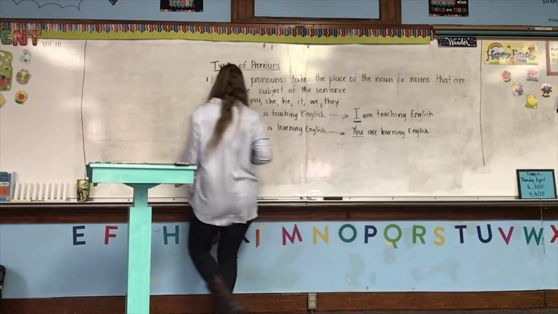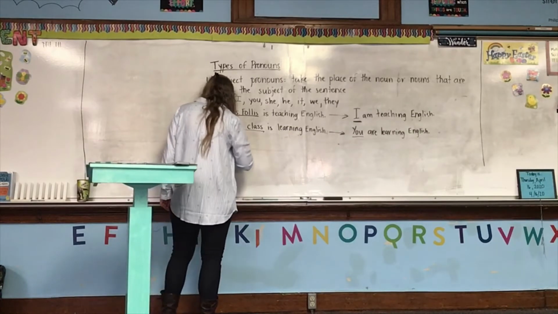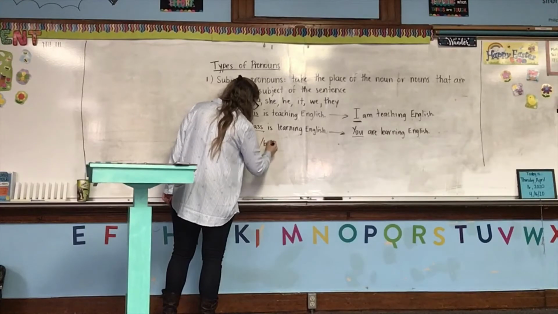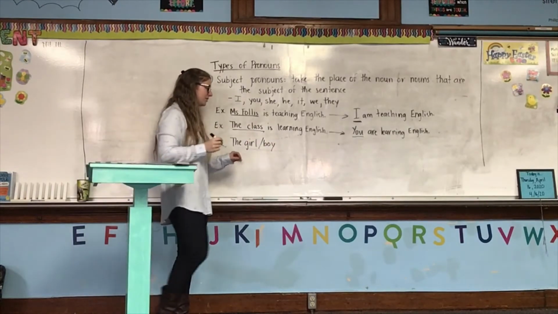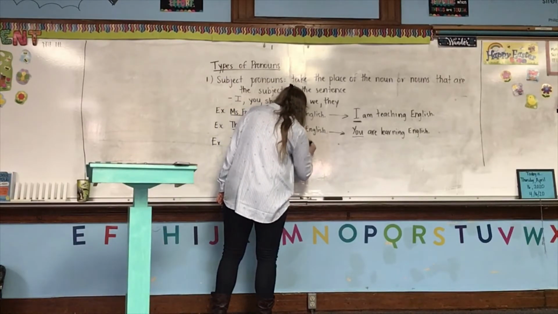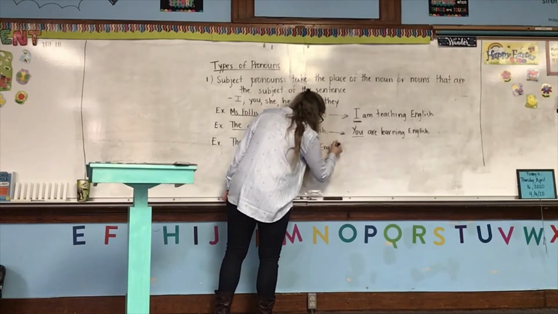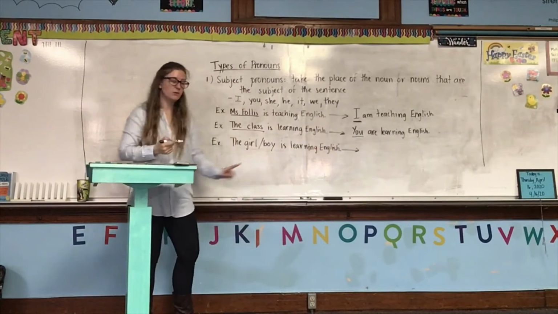If I wanted to say the girl or boy, I'm not going to write 2 sentences for this, but the girl is learning English or the boy is learning English. The girl or the boy are the ones doing the action.